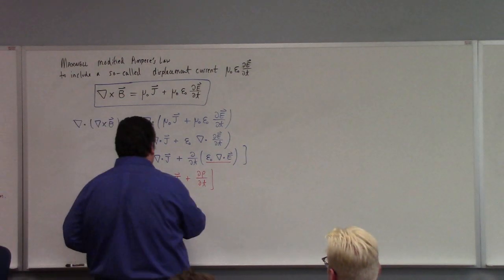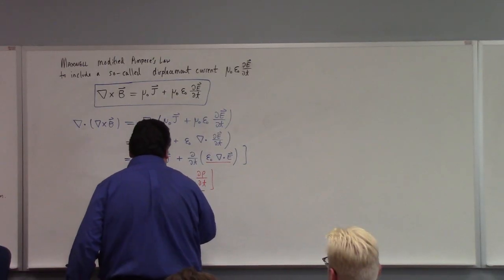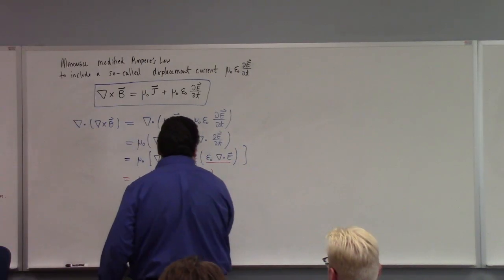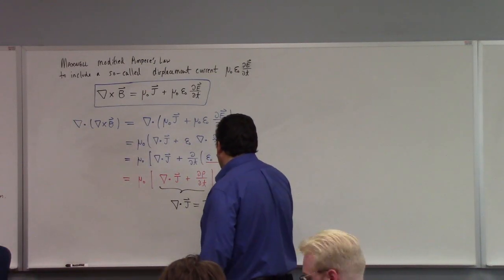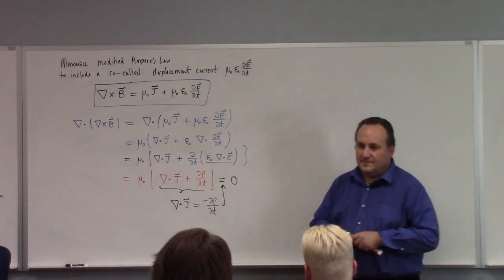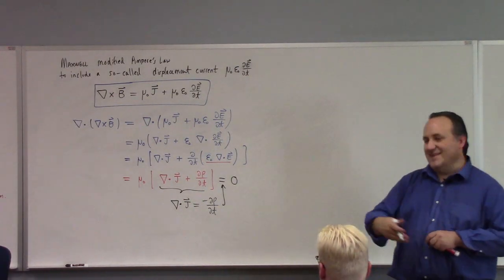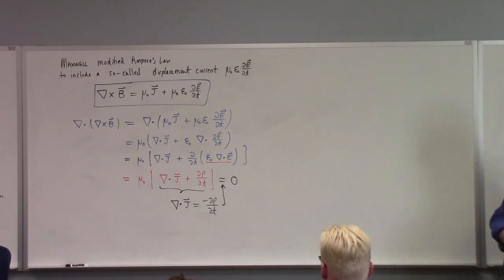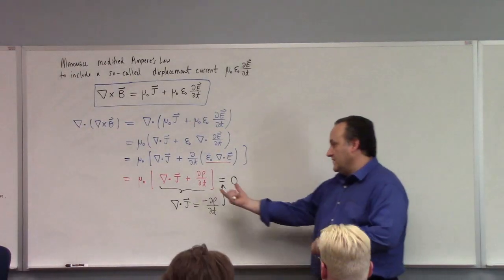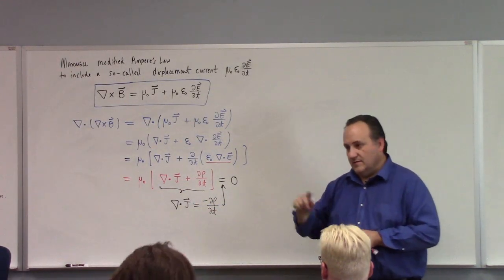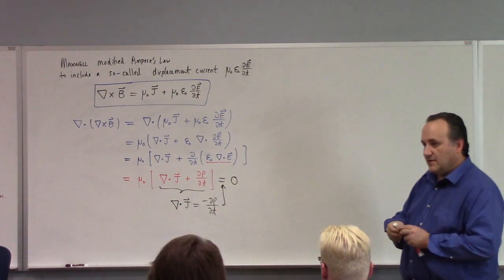So this could also be written as, if this was true, then I get 0 up here. Conservation of charge. Yes, that is conservation of charge. Because charge is conserved, that's 0, and therefore Maxwell's equations, so modified, are consistent.